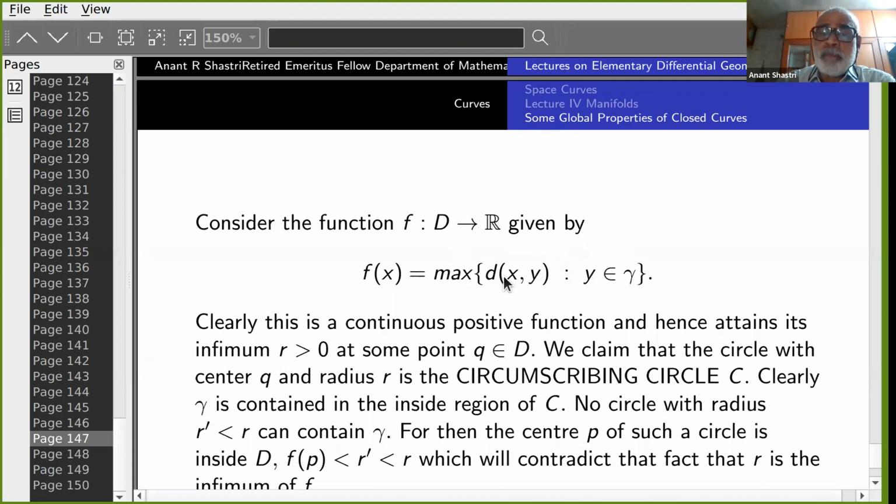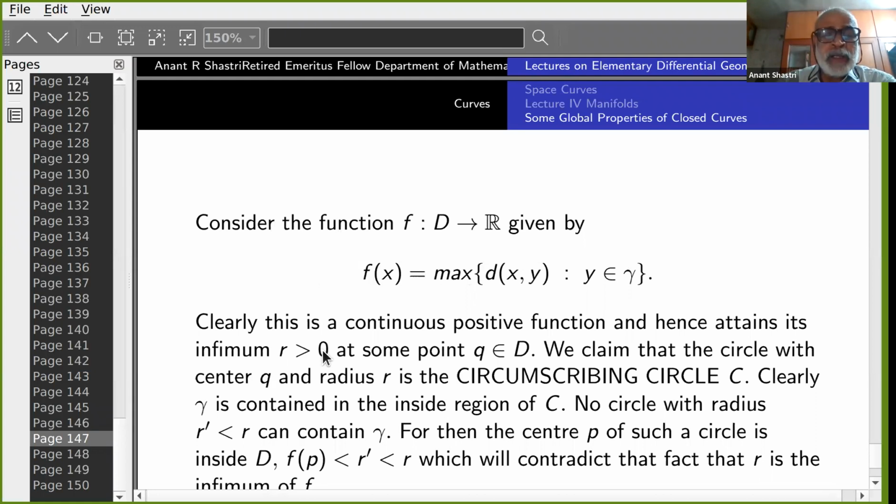But gamma is a closed bounded set and x is fixed, therefore the supremum is attained. Why? Because the distance function is continuous. x is fixed, it's a function of y on the compact set gamma, therefore the supremum is attained. When the supremum is attained, it's called the maximum.